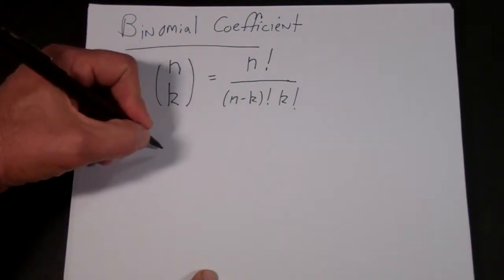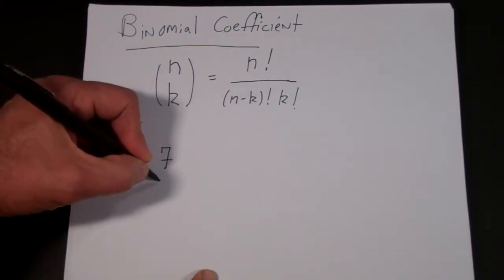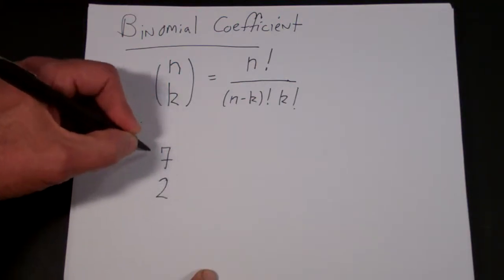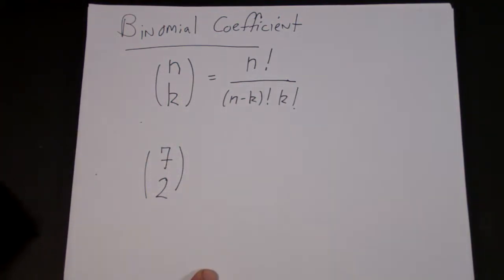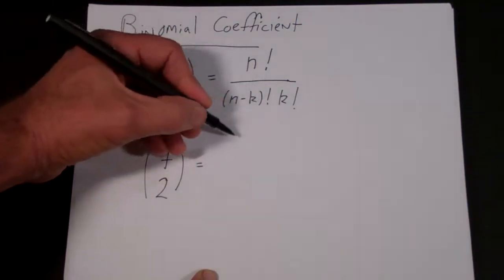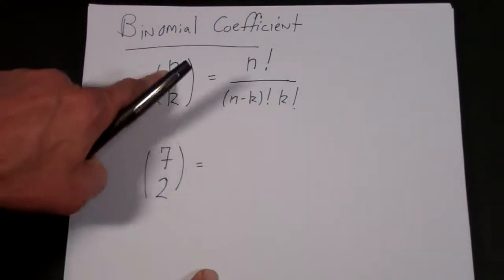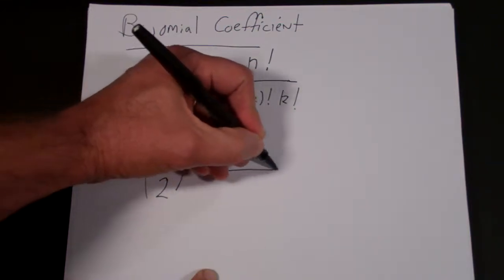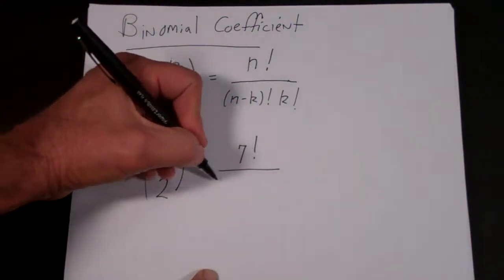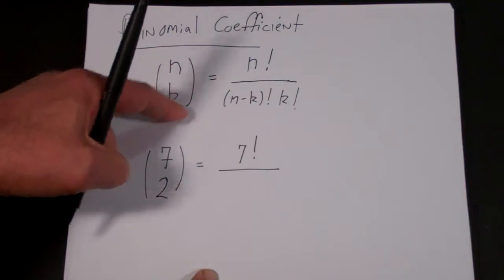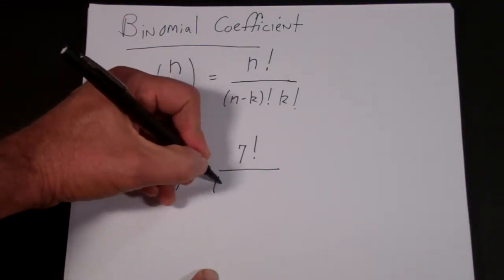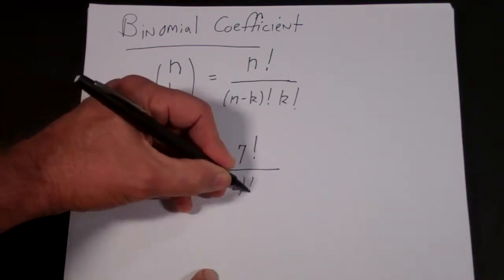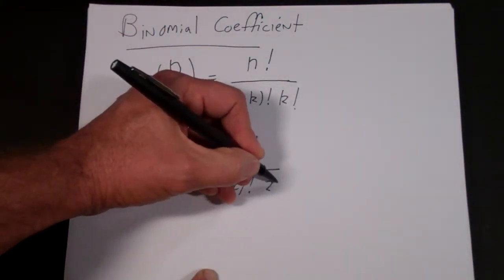And let me show you an example. 7, 2 is defined as, if you notice, n is 7 here. So that's 7 factorial over n minus k factorial. So that's 7 minus 2 factorial, right?